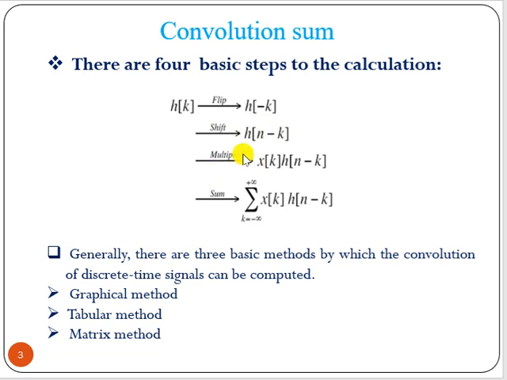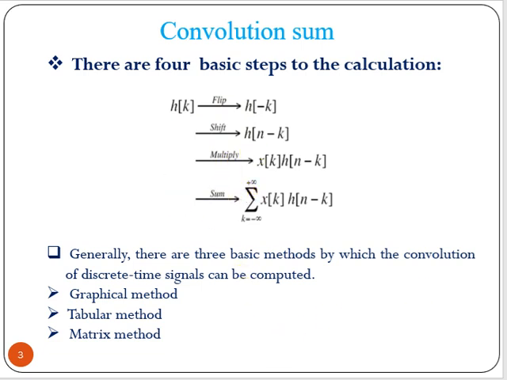Then we do the multiplication, x of k into h of n minus k. Then we do the summation over k from minus infinity to plus infinity. So in convolution sum we have four operations: flip, or time reversal, or folding; shifting, which can be delay or advancing; multiplication; and summation.